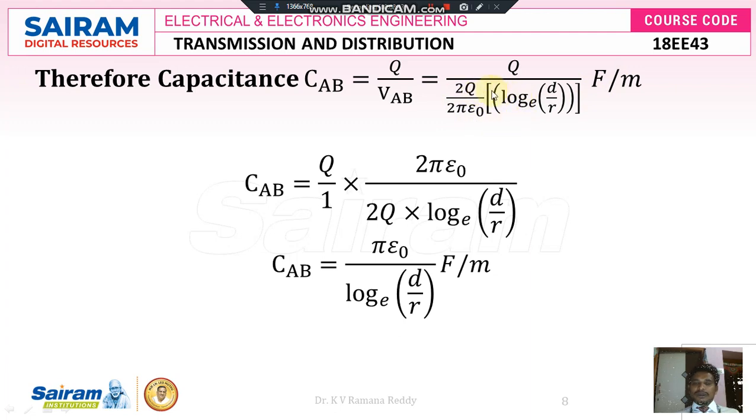To simplify the formula for capacitance between conductors A and B, CAB is equal to Q by 1 times the inverted denominator, that is 2 pi epsilon naught divided by 2Q into log of base e into d by R. Here Q gets cancelled, and this 2 and this 2 get cancelled. The remaining equation is CAB is equal to pi epsilon naught divided by log of base e into d by R farads per meter.